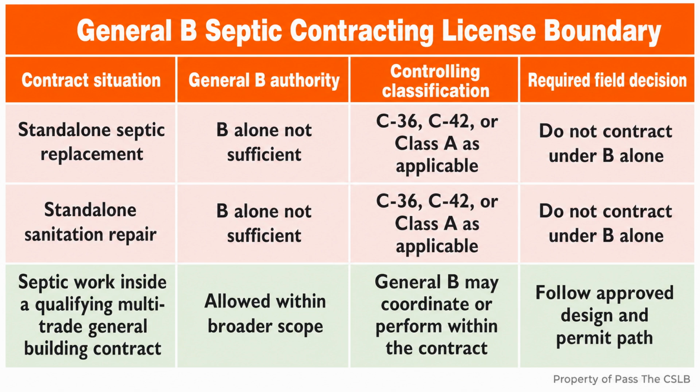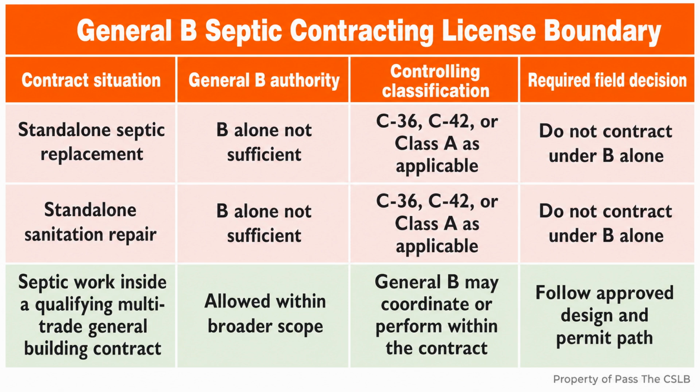Suppose the contractor has a general building contract for a residential addition involving framing, roofing, electrical work, plumbing work, and site coordination. The septic work is one part of that broader multi-trade project. That is the situation in which the General B classification can cover the work within the overall contract.